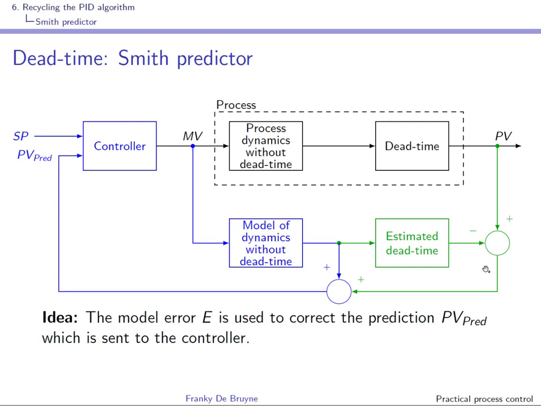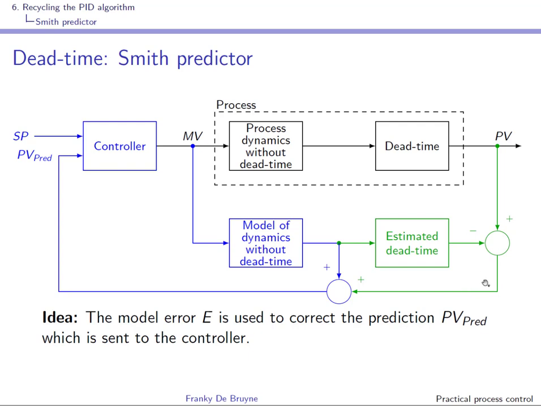If this error is, for instance, positive, this means that PV is larger than the modeled PV. Well, this positive error is added, and what you will see is that the prediction will increase, and what the controller will do is slow down the process by decreasing MV.